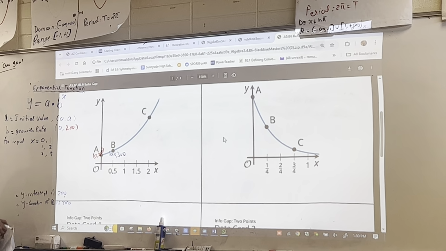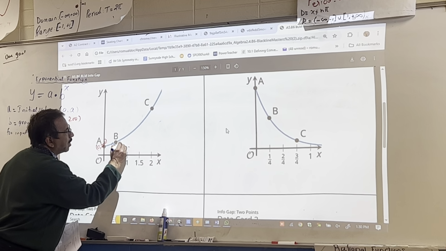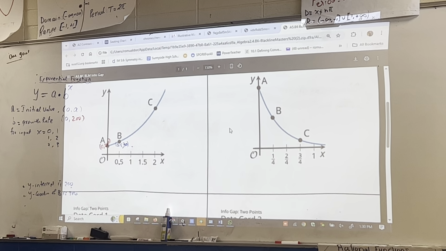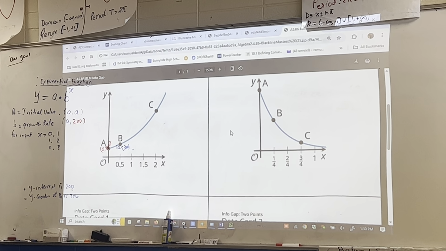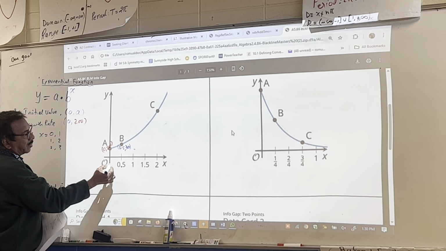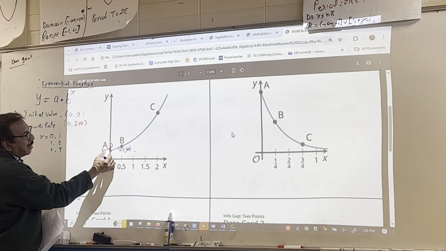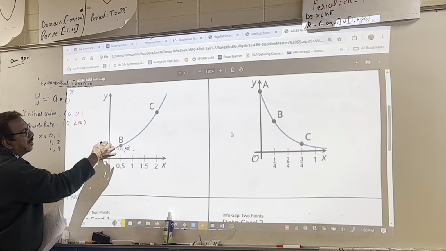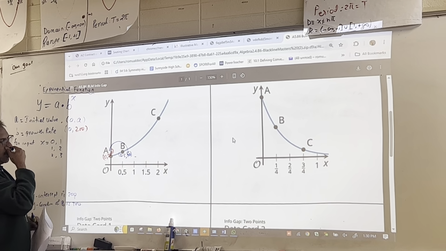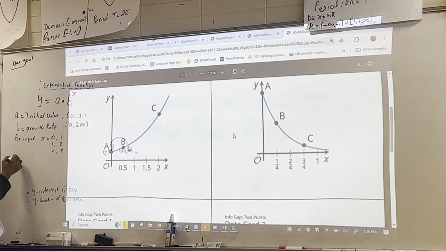So what is the factor? By what factor did the number 200 increase to 300? What multiplies this to get to 300? So the question is, what multiplies?